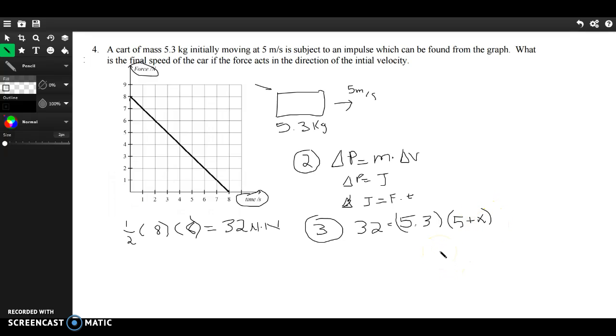If you're a little confused on where I got this from, we said change in P is equal to M times change in V, and then change in P is equal to J. Because these two are equal to each other, J is equal to M times change in V. J, which is an impulse, we found over here, and M was given to us.